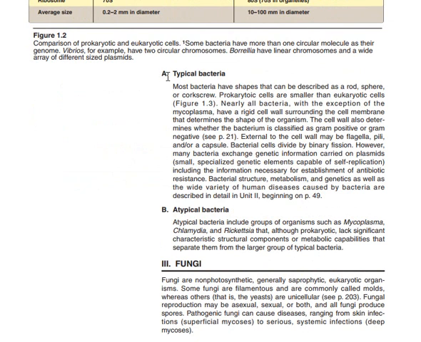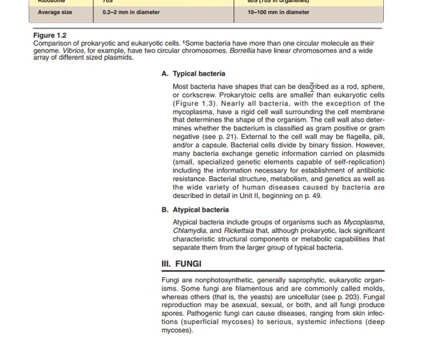Now inside the prokaryotic cells there are two main categories. We have the typical bacteria and we have the atypical bacteria. Inside typical bacteria, most bacteria have a shape that can be described as either rods, spheres, or corkscrew appearance. Is it clear?